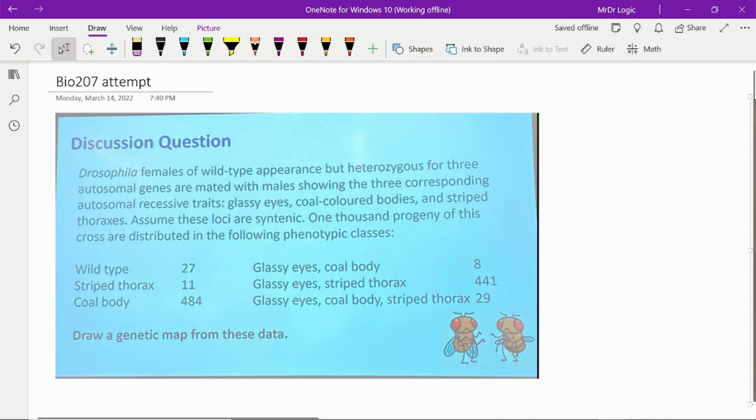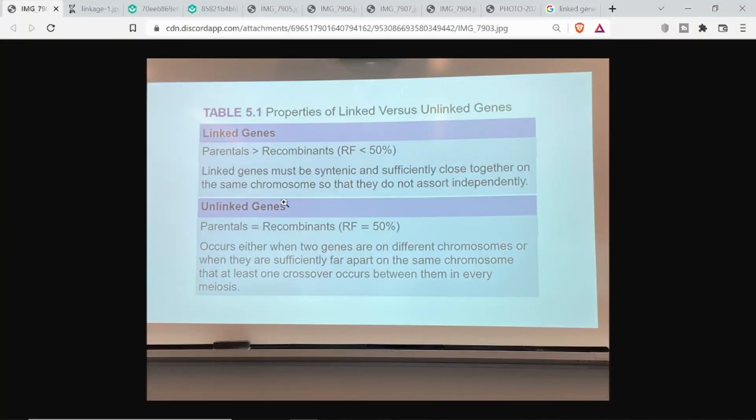Okay? So for some background information, to answer even remotely a question like this, we need to know the difference between linked genes and unlinked genes. Basically, the main difference is whether the linked genes affect the representation of that gene or not. So does that gene show up, and to what extent, like the frequency.